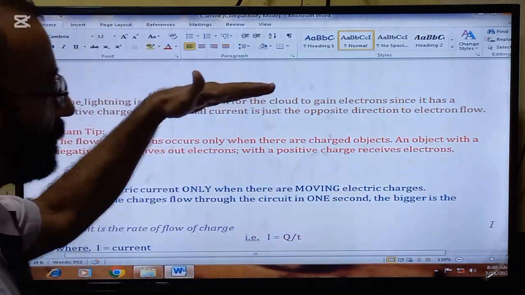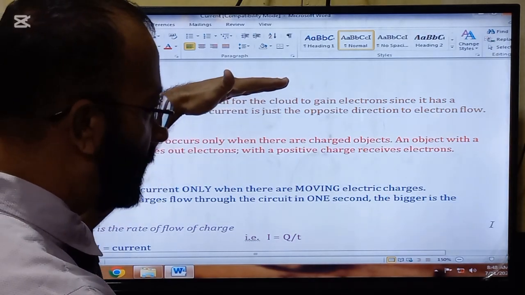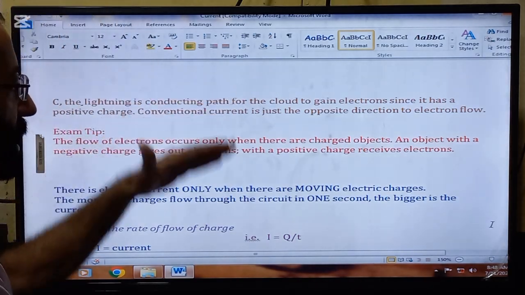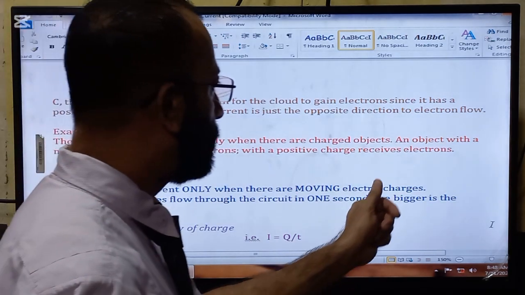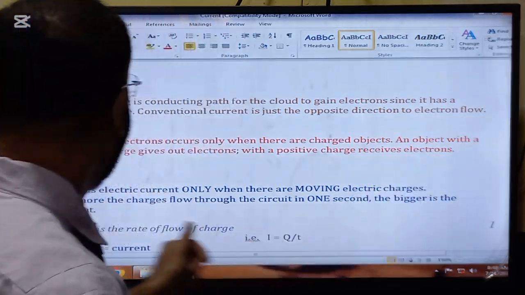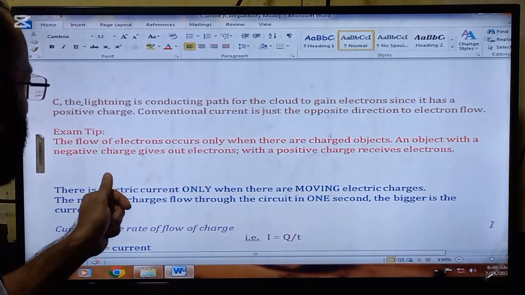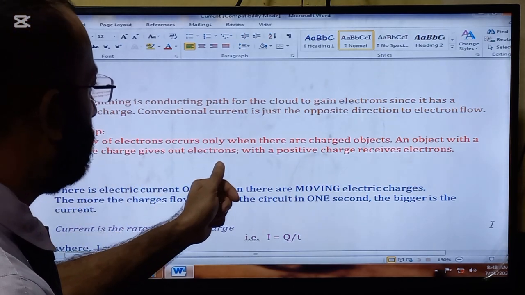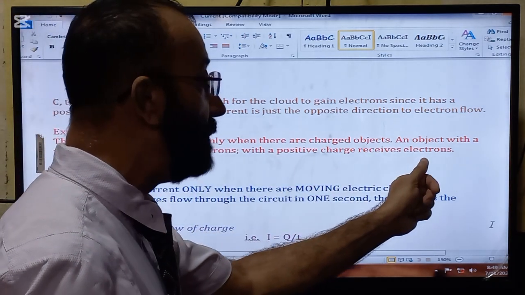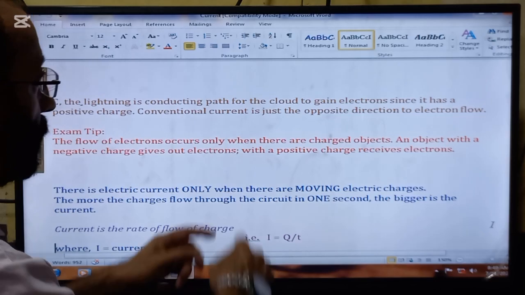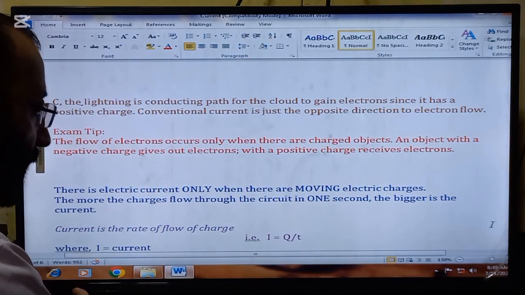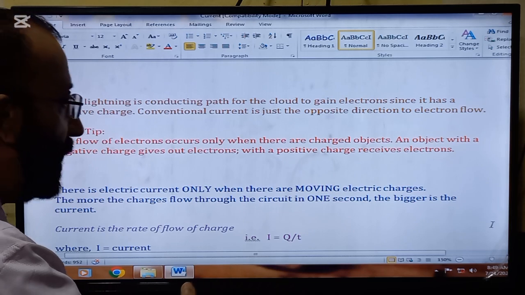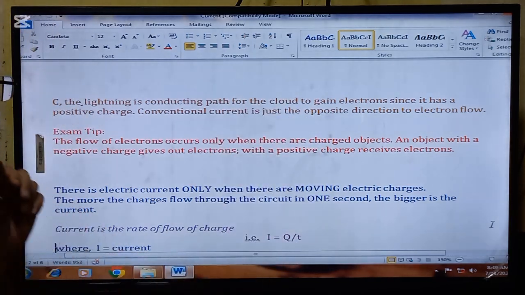Likewise, the lower end of the cloud was charged and the building top was charged. That's why the flow of the electrons was conducted. An object with a negative charge gives out electrons, with a positive charge receives electrons. So the cloud's lower part will receive the electrons and the building's negative charge will give the electrons.